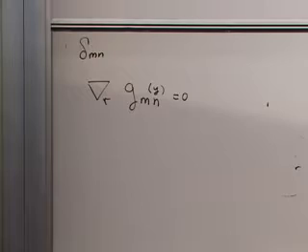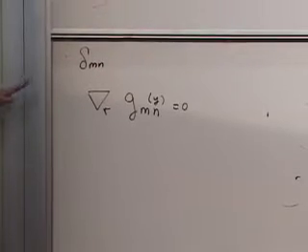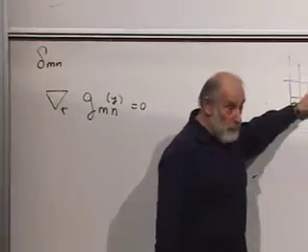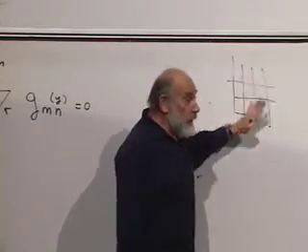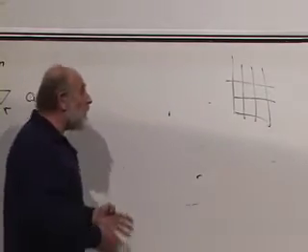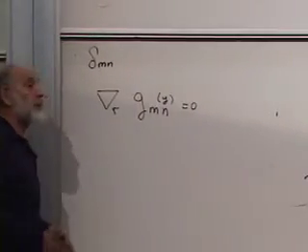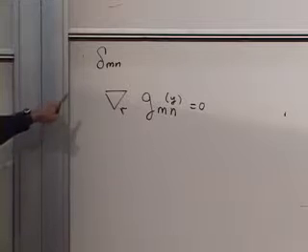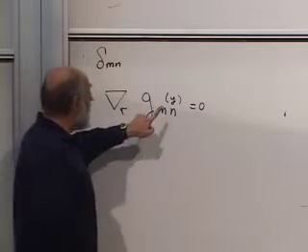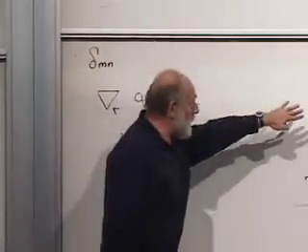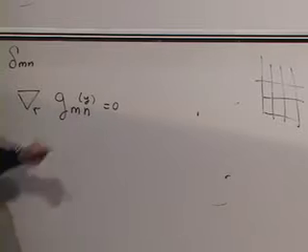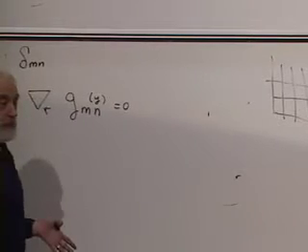Now, why do I write that? I expect that the covariant derivative is going to be 0 in the x coordinates, but the covariant derivative is supposed to be a tensor. And if a tensor is 0 in one set of coordinates, it will be 0 in all coordinates. So if I've defined the covariant derivative correctly, then in flat space like this, the covariant derivative of gmn had better also be equal to 0.